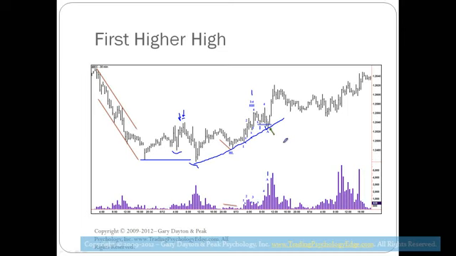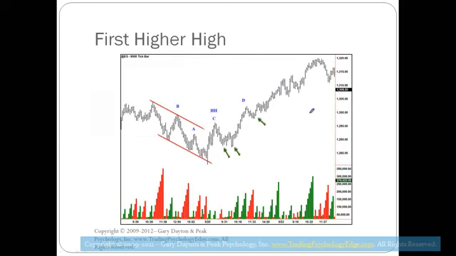And so we're putting in the first higher low here, or maybe the second higher low, but we've got that first higher high level coming in, and we're putting in this buy opportunity here, and you can see that the market begins to take off from there. So that's that example.